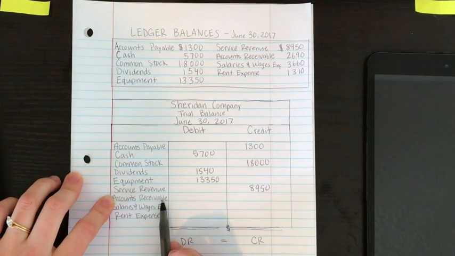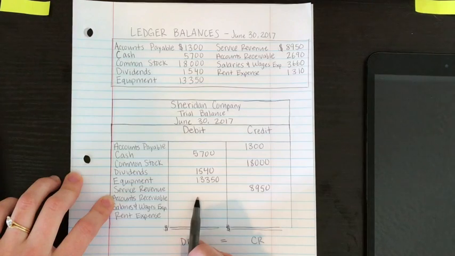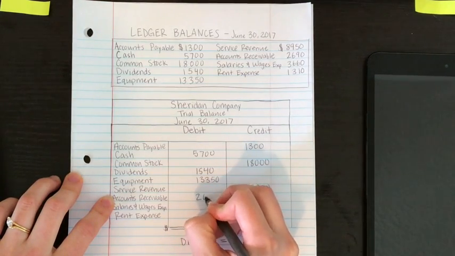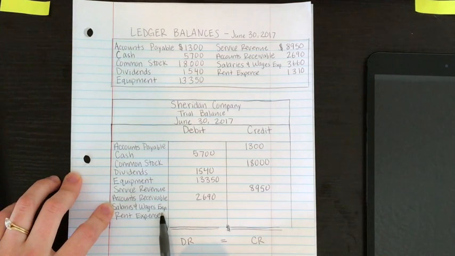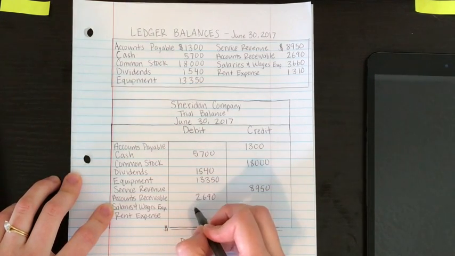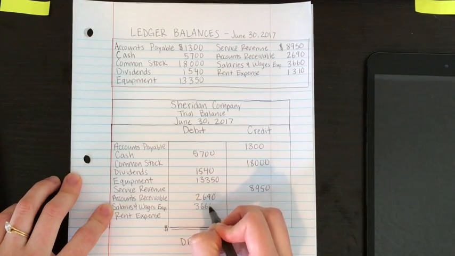Then our accounts receivable. This is an asset, money that will be paid to us, so this goes in our debit column. And then salary and wages expenses. Anything that is an expense is going to have a normal balance in the debit column, so we'll write that in the debit column.